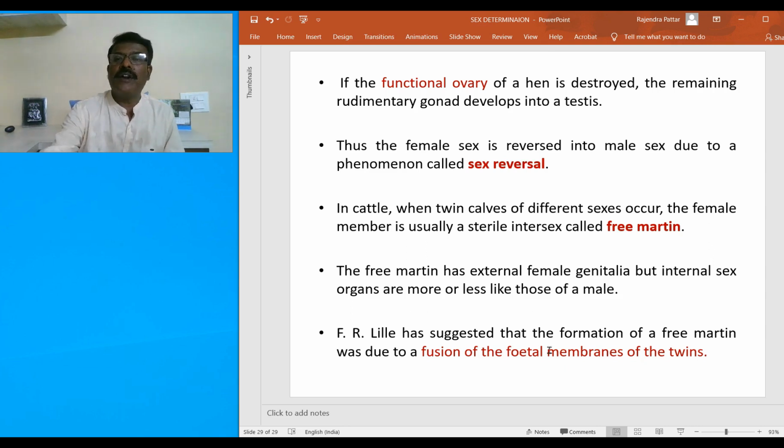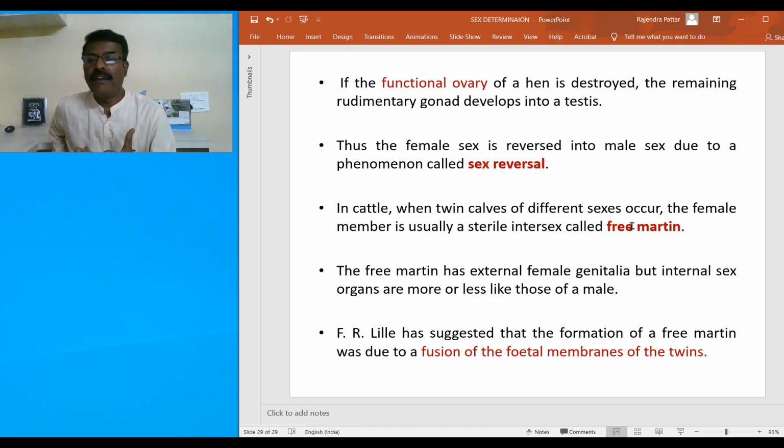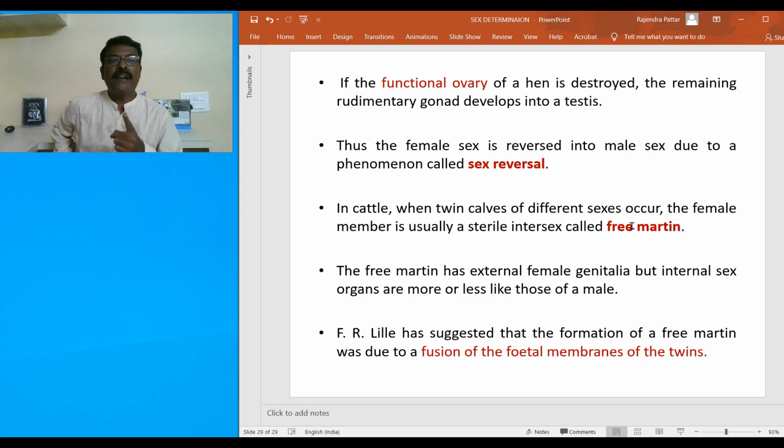The next one is known as the freemartin. It is a special case observed in cattle. If a cow gives birth to twins, one of them would be a male and the other a female, and that female calf is found to be intersex and sterile.